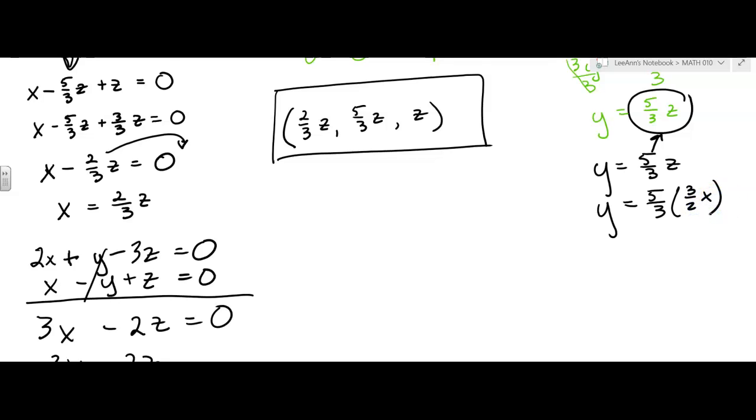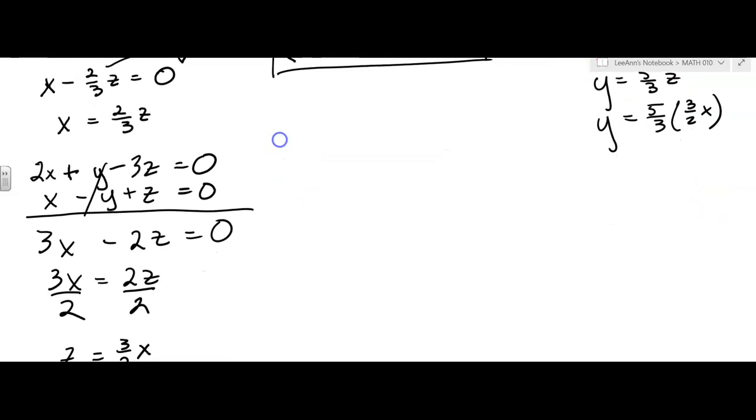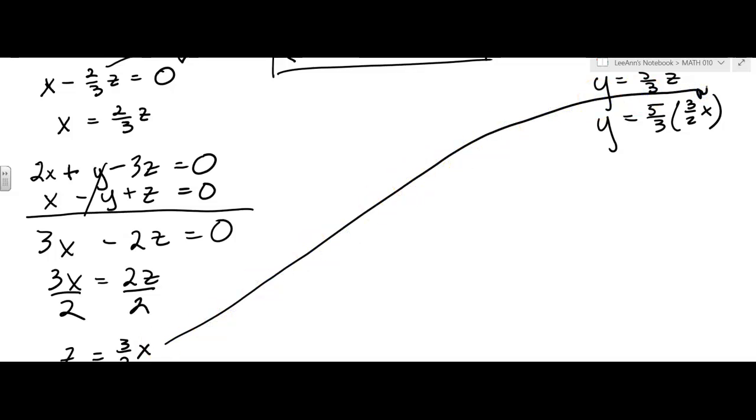Now let me make sure. So yeah, that was z. Now when we simplify that, the 3's are going to cancel. So I get 5 over 2x. Now I could write the solution, the ordered triple, in terms of x. X would be x, and y would be 5 over 2x, and then z would be 3 over 2x.